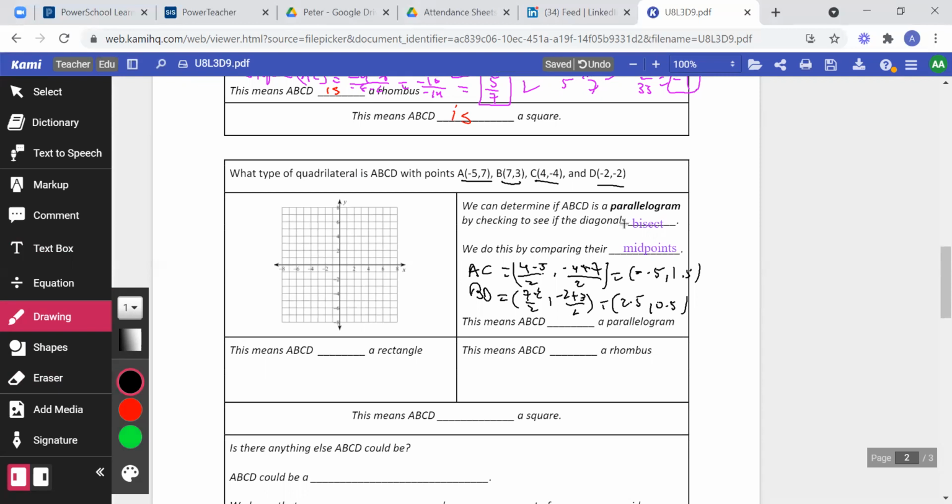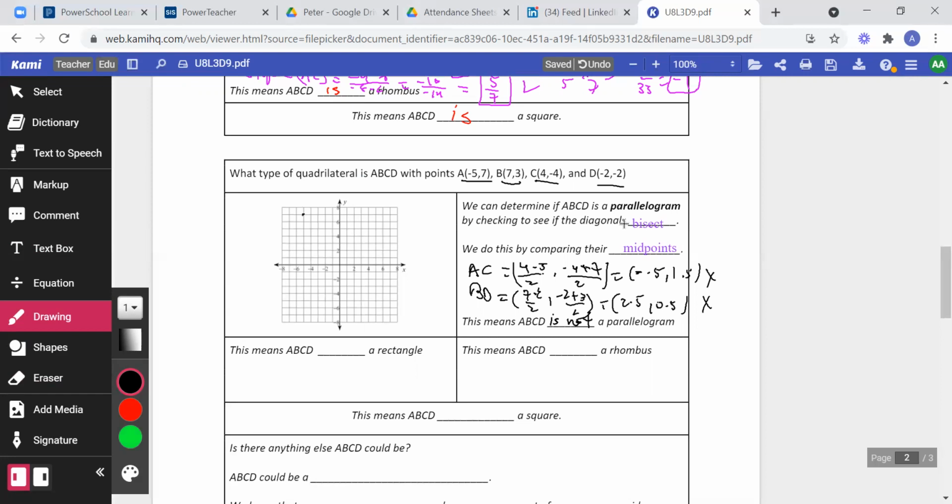Since, as you can see, these two numbers are not the same, the midpoints are not equal, this means ABCD is not a parallelogram.